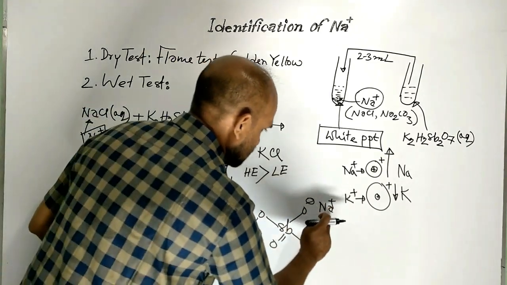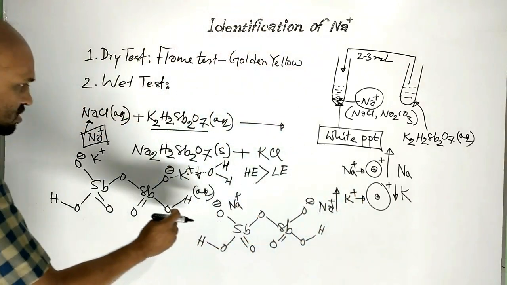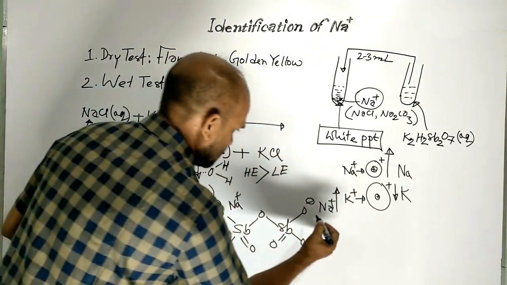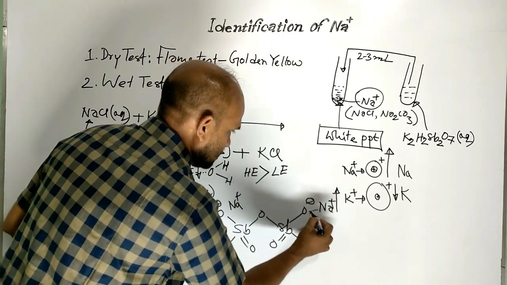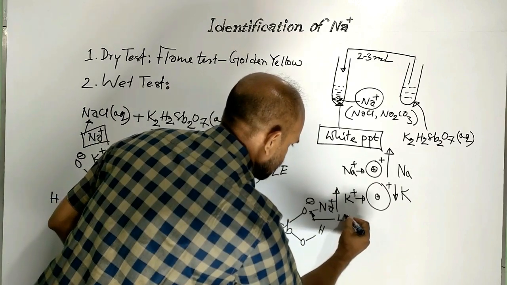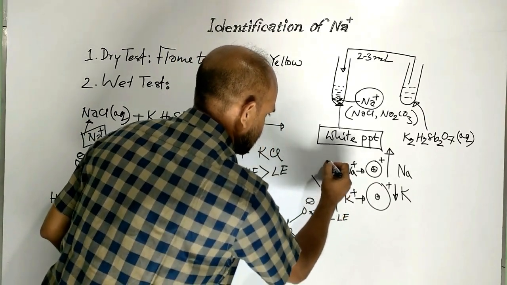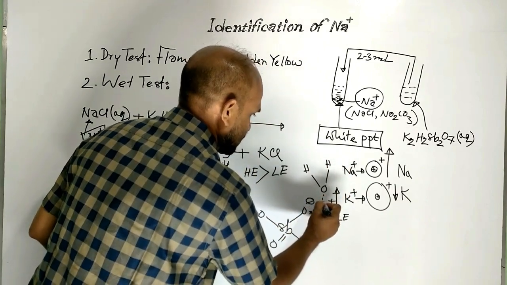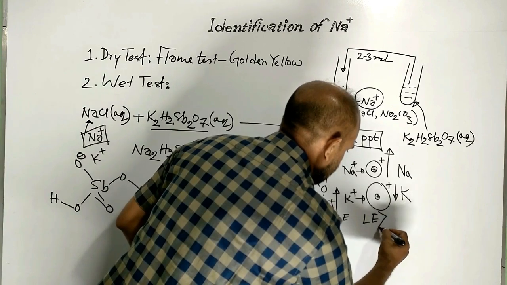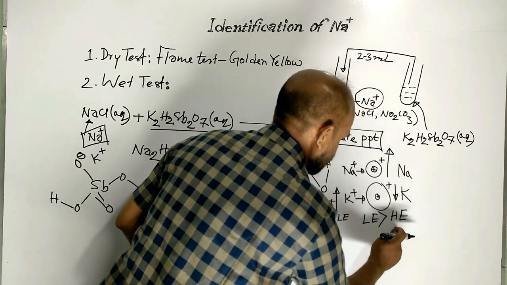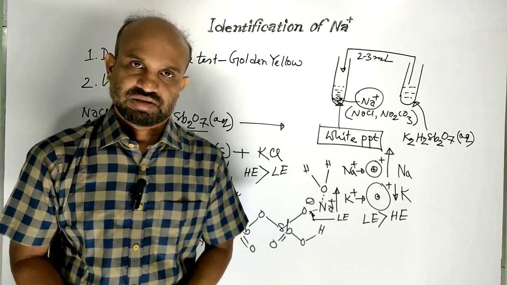In this case, charge density of sodium ion is higher compared to potassium ion. As it is higher, here lattice energy will be higher than hydration energy. In this case, lattice energy is higher than hydration energy. Hydration energy cannot overcome the lattice energy.